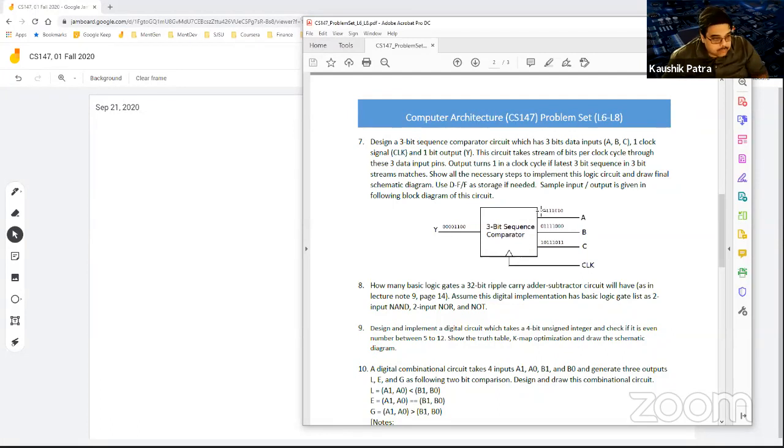So in this example, see, it's coming in 0, 0, 1, so it is not matching. Then 0, 1, 0, not matching. Then 1, 1, 1, matching. 1, 1, 1, 2 matching. 1, 1, 1, 3 matching. So that is 1. And then 0, 0, 0, fourth matching, that's another 1. And then 1, 0, 1, not matching, that's 0. And 0, 0, 1, not matching, that's 0. So that's the problem. Question on the problem?